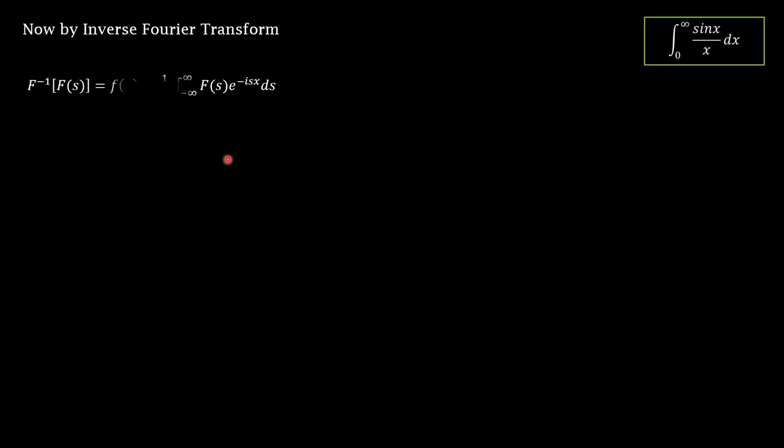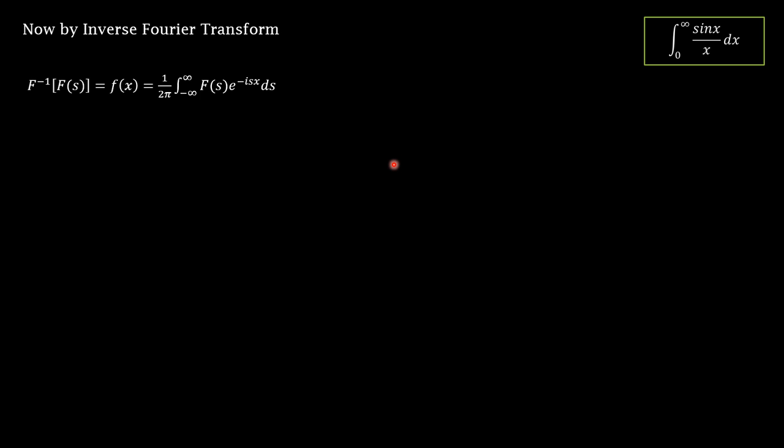From the definition of the inverse Fourier transform, F inverse of F of s is given by 1 by 2 pi integration of F of s into e to the power minus isx ds, where s is varying from minus infinity to infinity. Just make a note of it, students. The integration is with respect to s, not with respect to x. So your x will be acting as a constant over here.